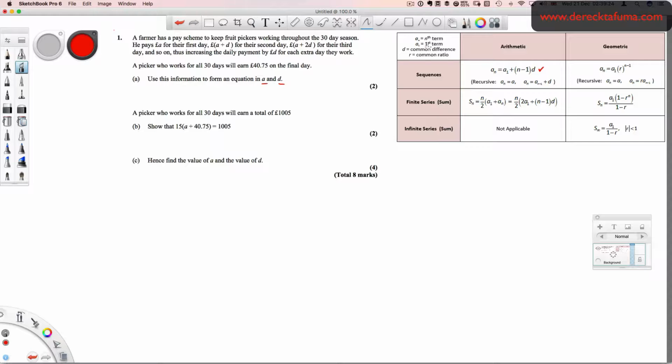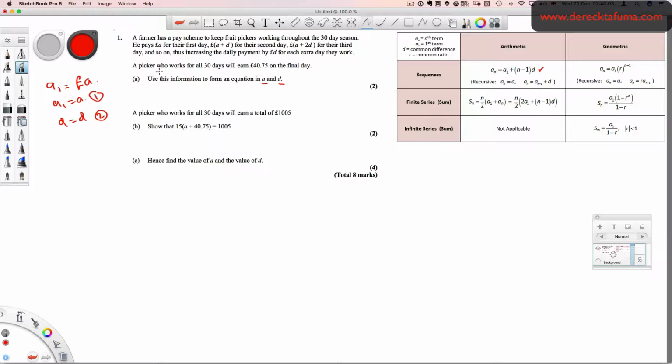A1 is the first term, and we're going to use A sub n equals A1 plus n minus 1 D. A1 in this case is A pounds, so A1 equals A to make things easier. And D is the difference, it's going up by D, so D equals D. Now we've got those, and we need to form this equation.